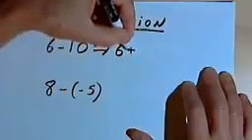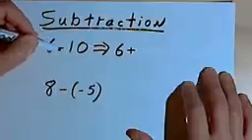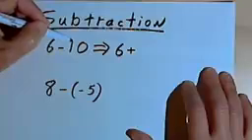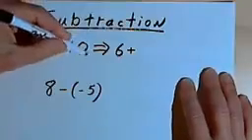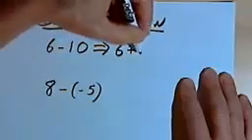So I've got 6 plus. Now, to compensate for doing the opposite of subtraction, I'm going to take the opposite of the number I was subtracting. I was subtracting a 10, and the opposite of 10 is negative 10.